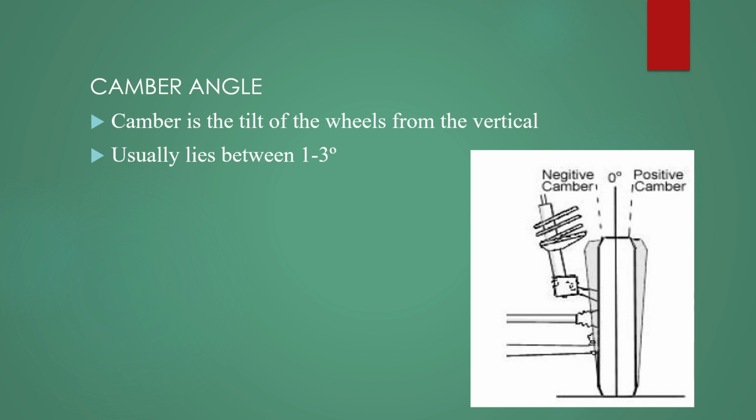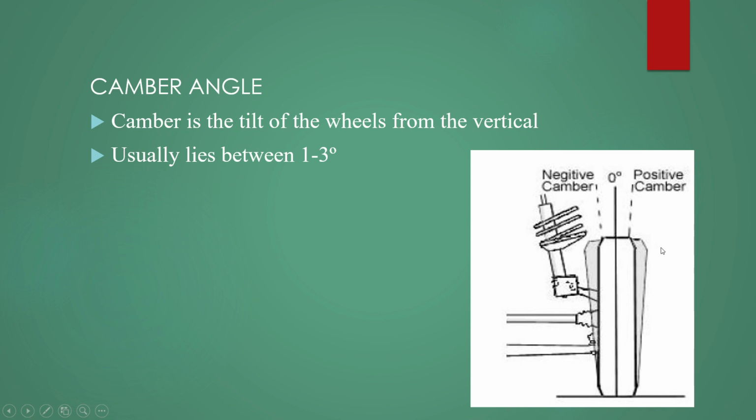Next is the camber angle. Camber angle is the tilt of the wheels from the vertical. When we see from the front, the wheel is not exactly mounted in a vertical position; the front wheel is actually inclined either outward or inward from the vertical.